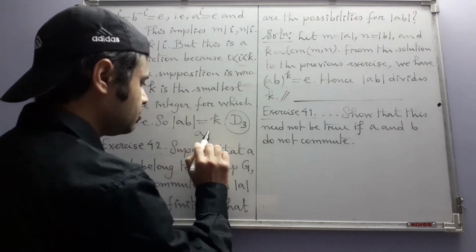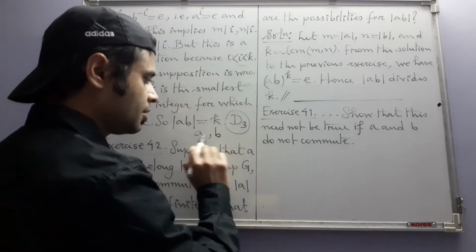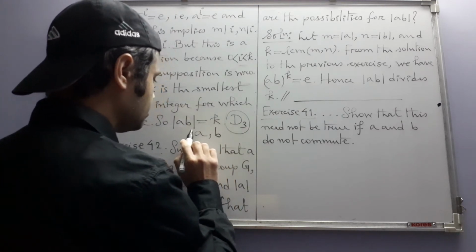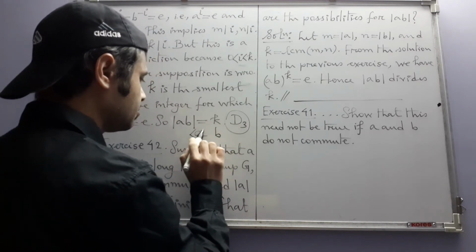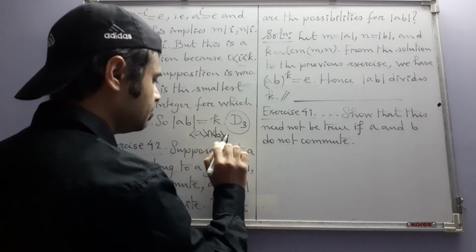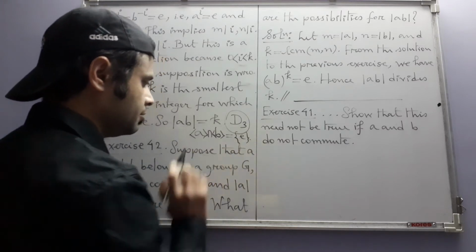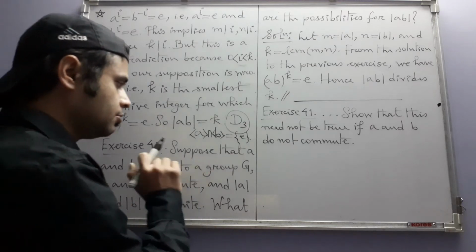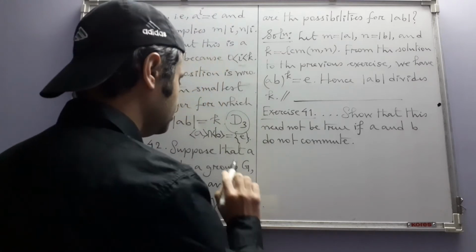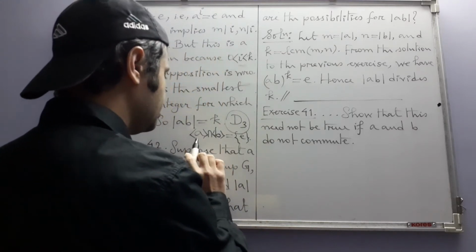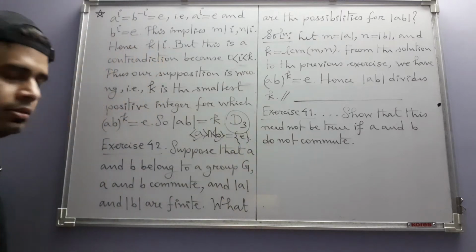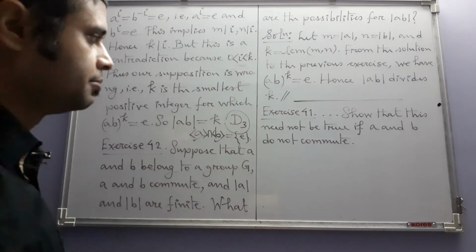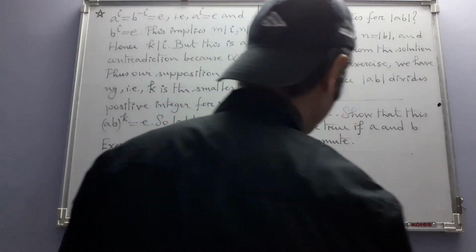In it you find 2 elements A and B. They will have finite order, of course, and such that the cyclic subgroups generated by those 2 elements intersect trivially. Then it's not necessarily true that you will find an element in D3 whose order is the LCM of the orders of A and B. This you try. In D3 you will find the thing. Okay, so I forgot about this.